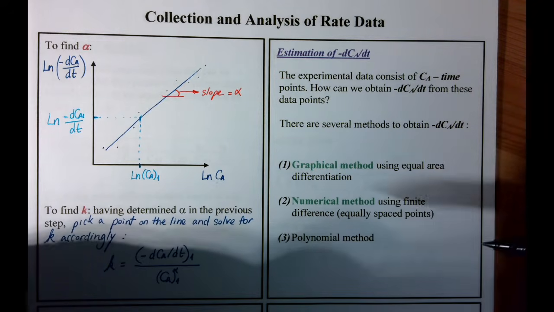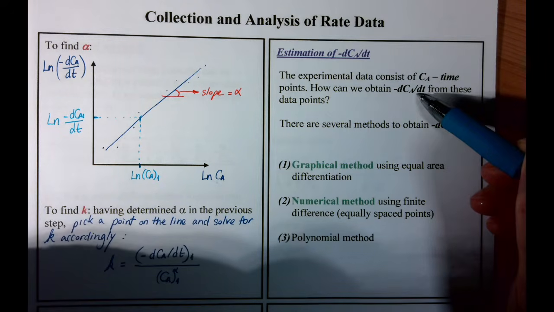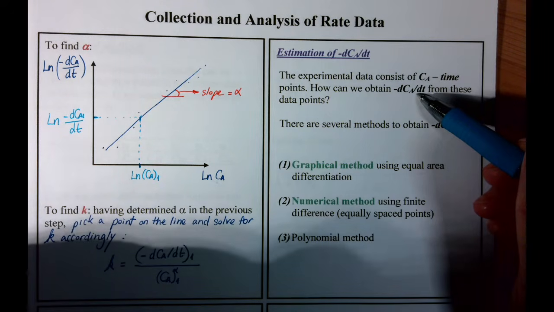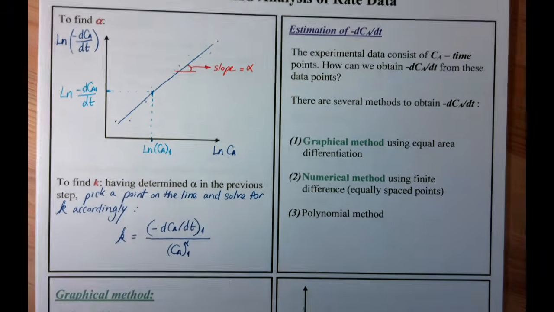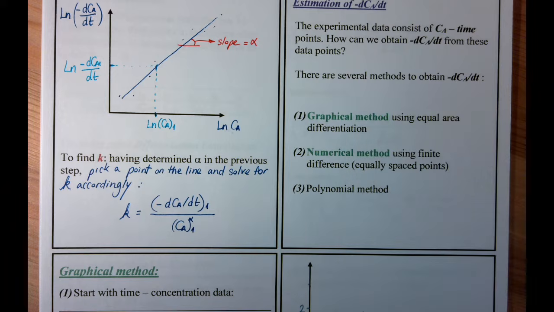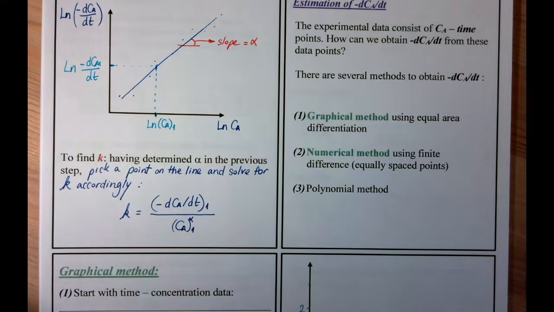So how are we going to, from these experimental points, determine the derivative with respect to time of the concentration? There are several ways of doing this. There's a graphical method, there's a numerical method, and I would like you to learn both methods.